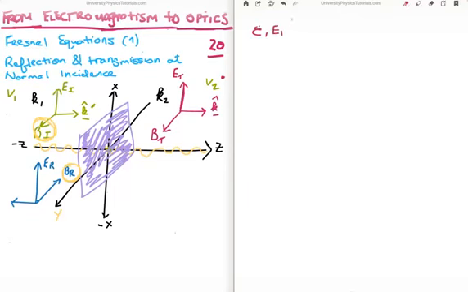So we have epsilon 1 E1 perpendicular is equal to epsilon 2 E2 perpendicular. So we find that it's discontinuous through the boundary.